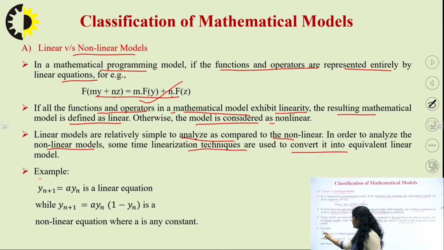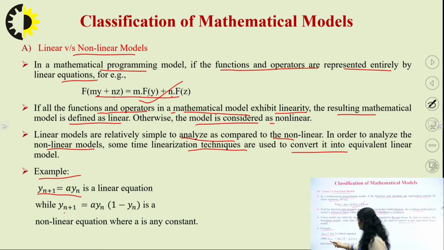Let us take an example of linear and non-linear equations. If we have the equation y(n+1) = a·y(n), all the terms involved in this particular equation are linear, so it is an example of a linear equation.